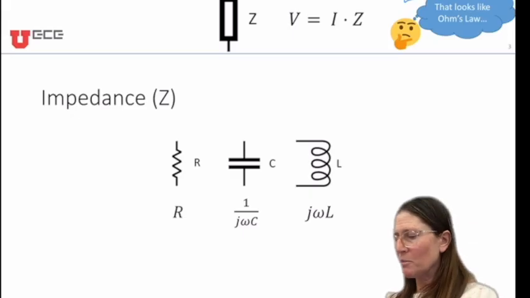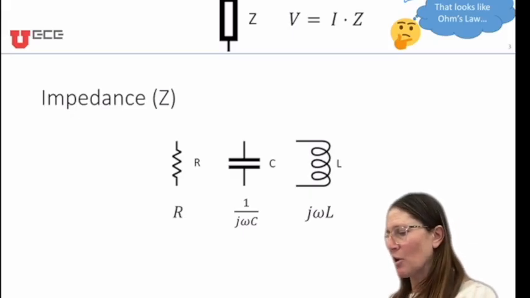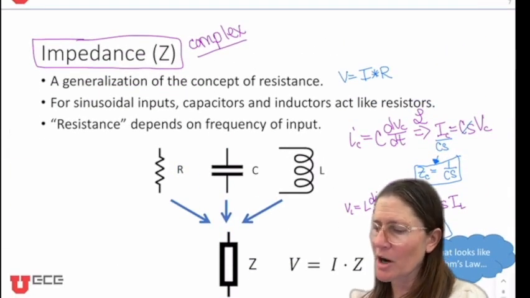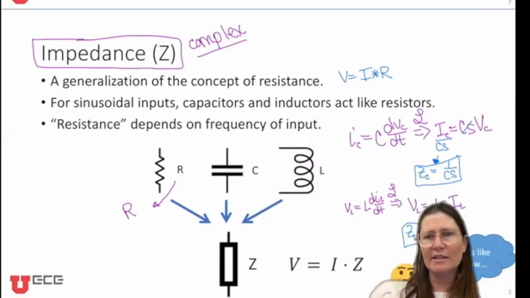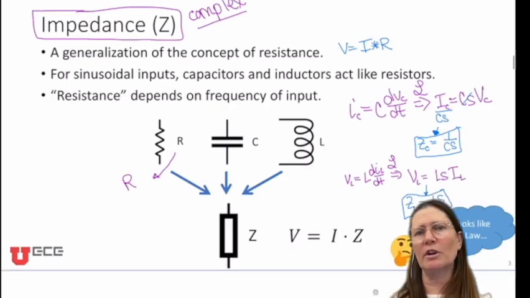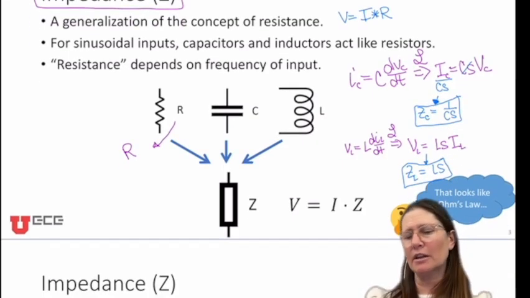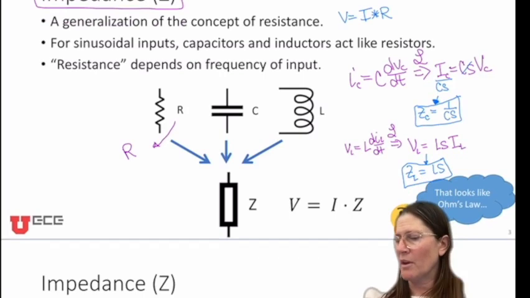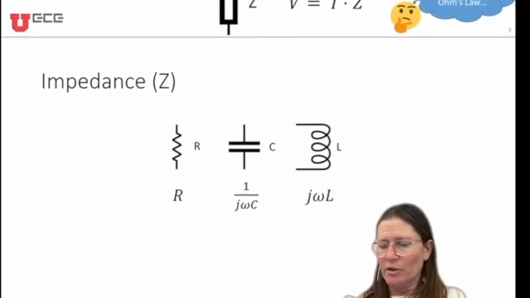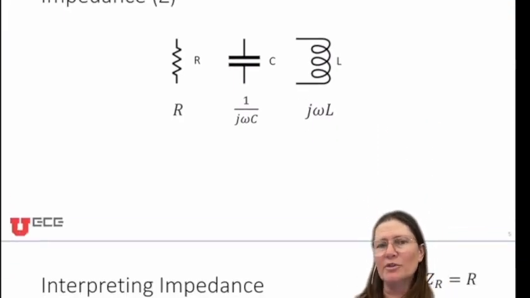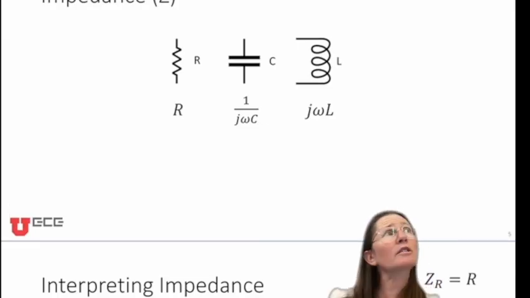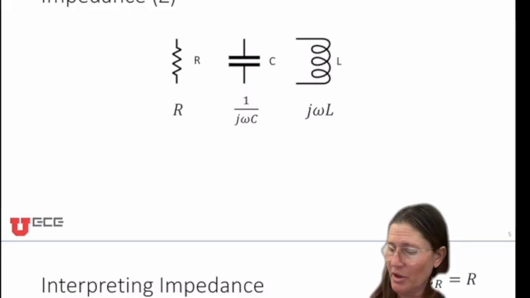for this one particular example, oh, and I didn't write this. R just stays the same as R. It has no change because it doesn't have any time dependence. So it's R in the time domain and R in the frequency domain. You can do either transform, Fourier or Laplace, for the elements.